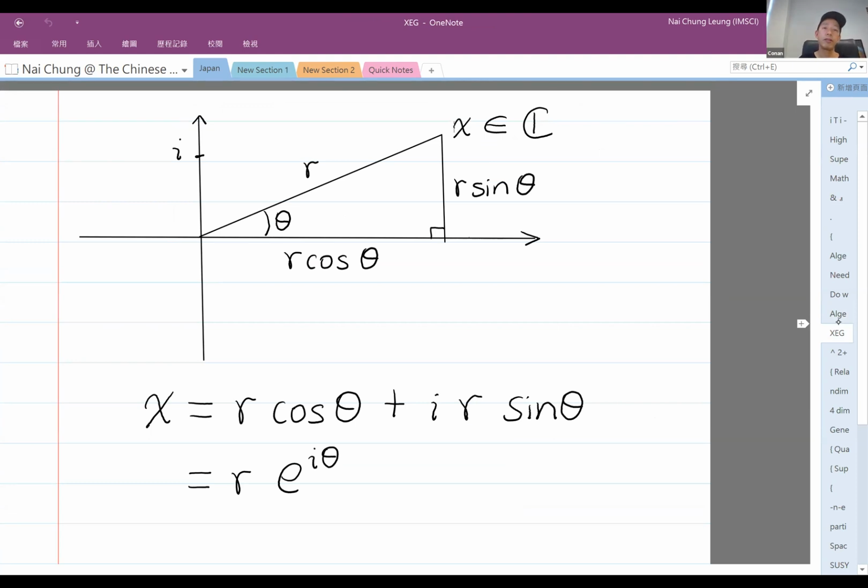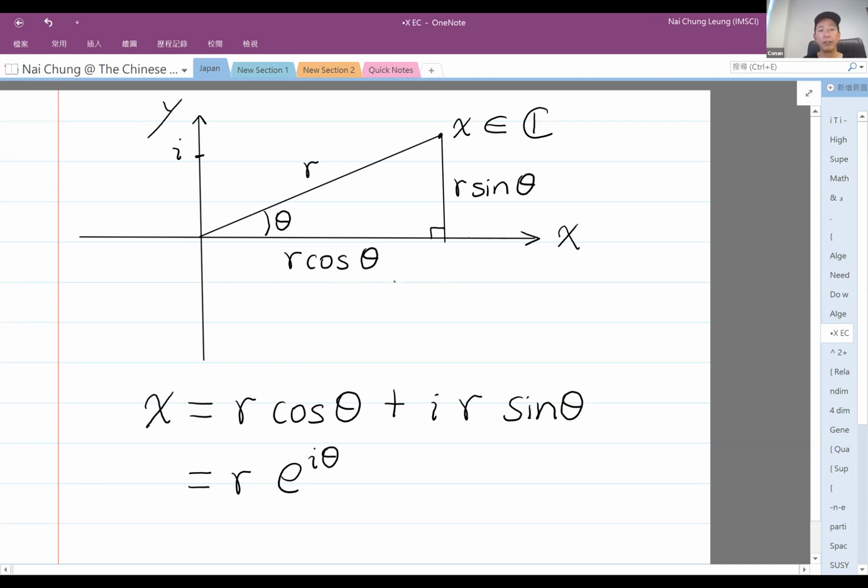If you look at basic trigonometry, a right-angle triangle, and you put a number here, and then the projection to the x-axis, this is the x-axis and this is the y-axis, this length is cosine theta times r, and the opposite is sine theta times r.